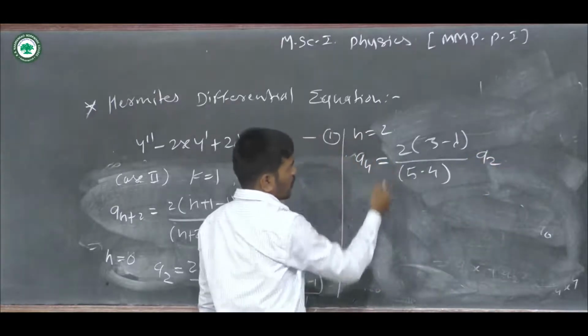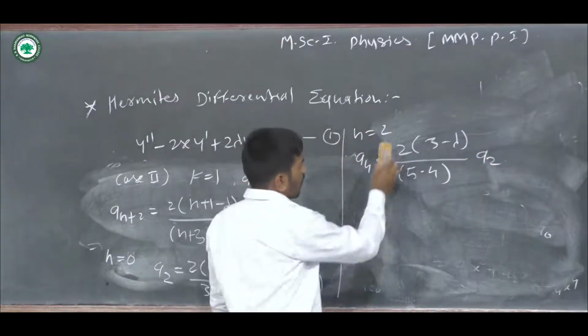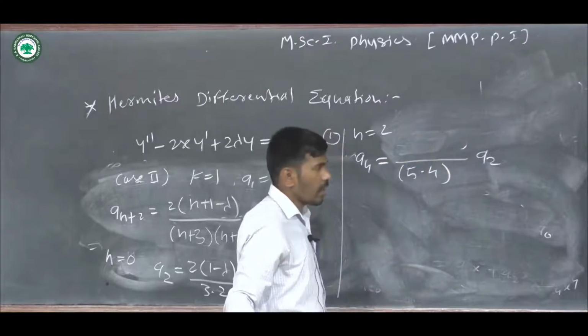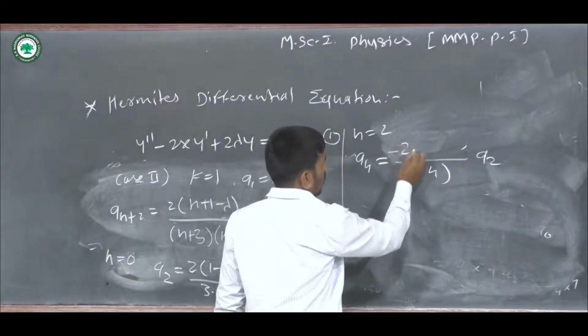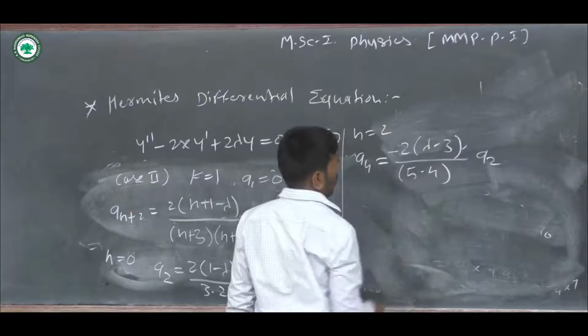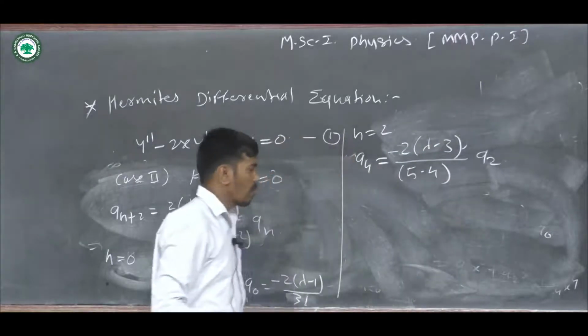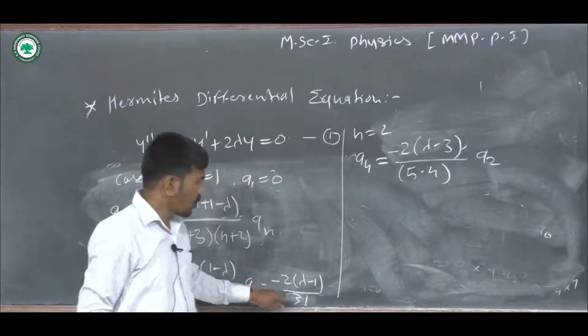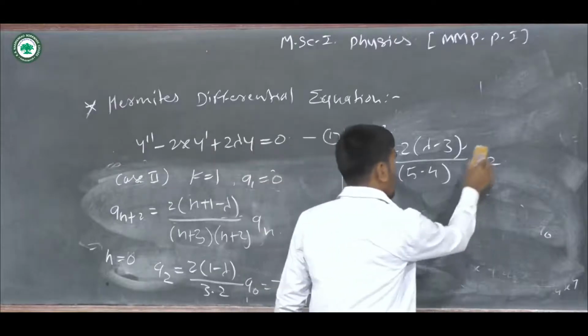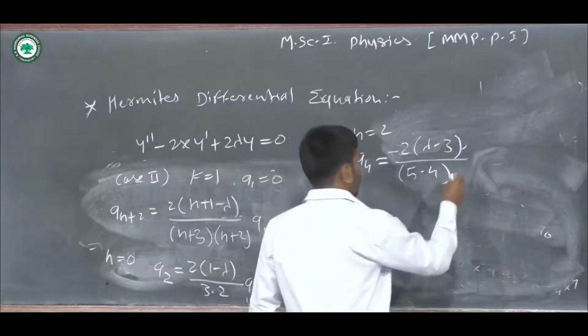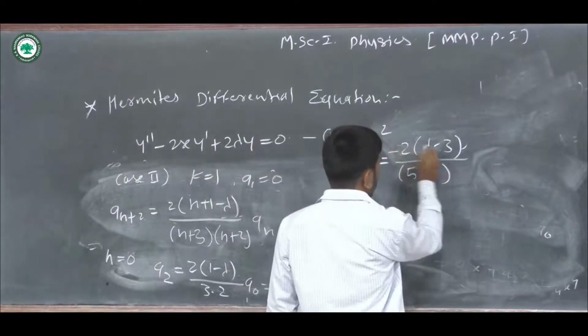Okay, so from this, if we take the minus common, we can write minus 2 (lambda minus 3). And if I put the expression for a2, that is minus 2 into (lambda minus 1) divided by 3 factorial, so minus minus will be plus.